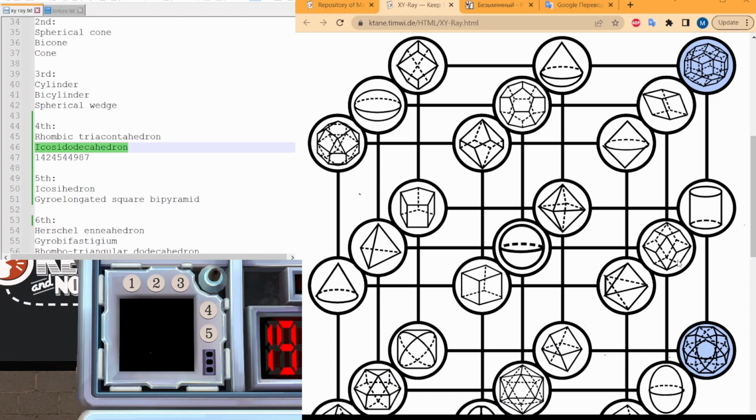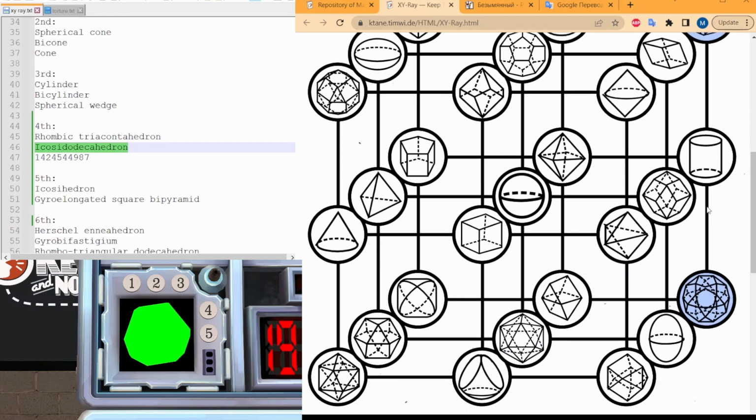Instead, you can find what the shapes are, because this is the only shape out of all these that has only pentagons and triangles, and all of the vertices have four lines connected to them.